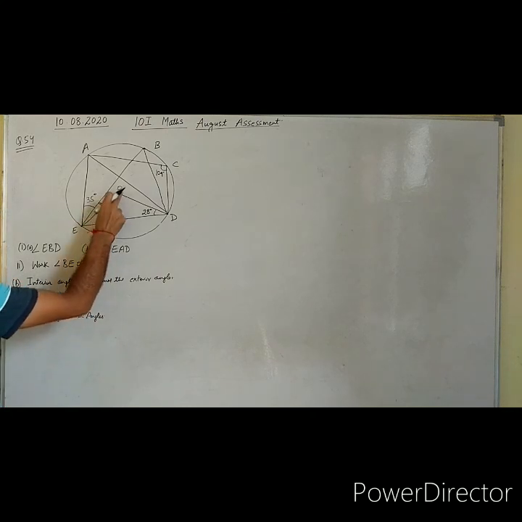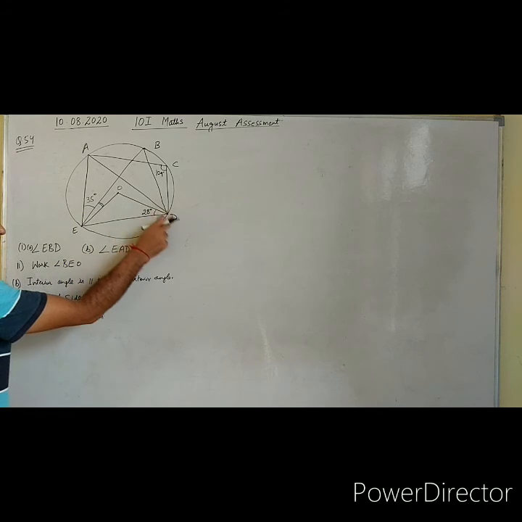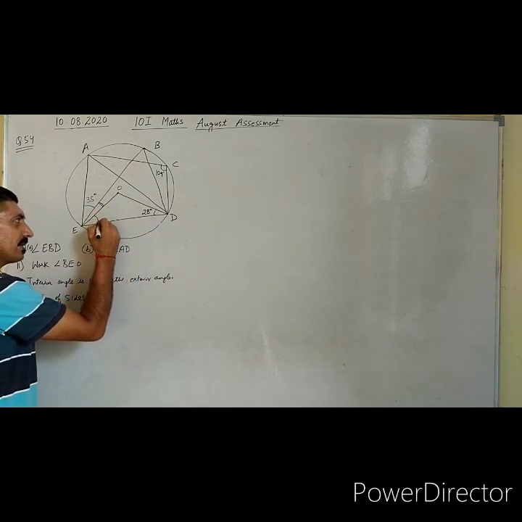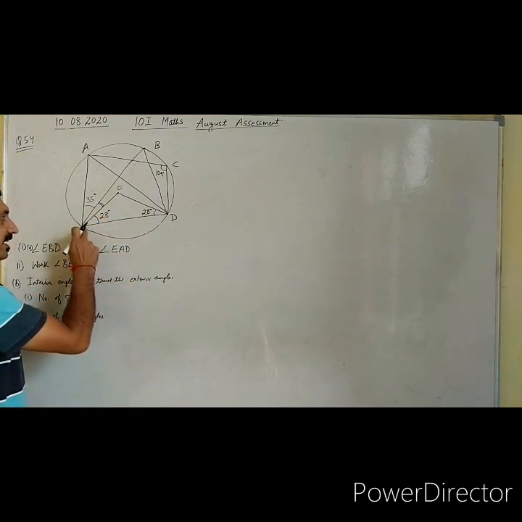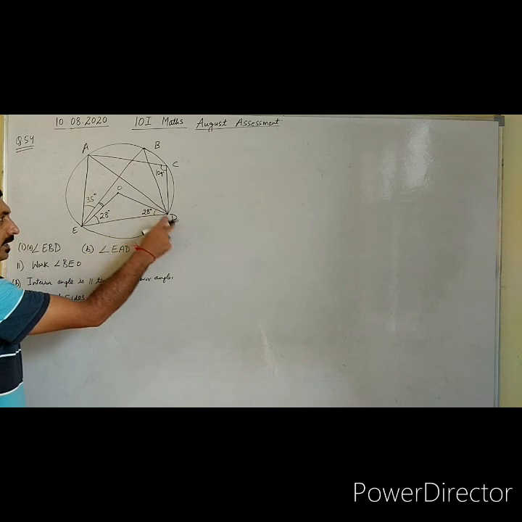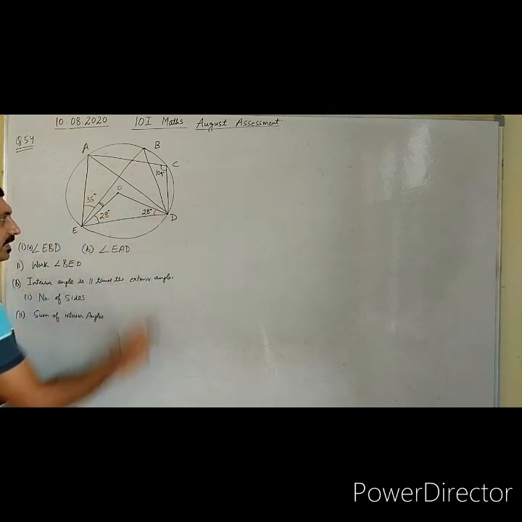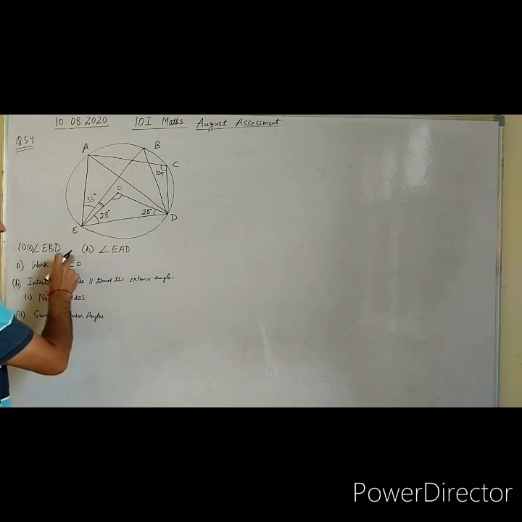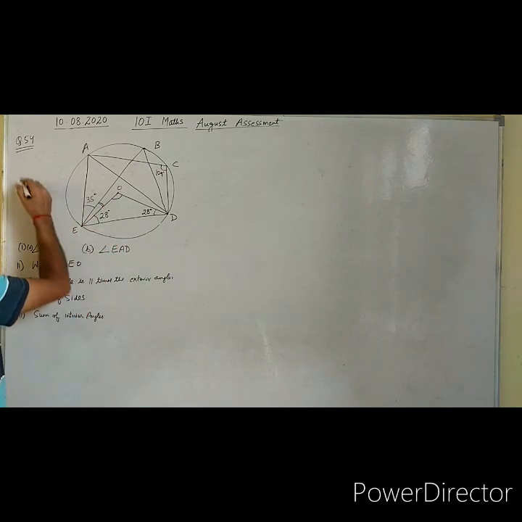Before that, OE and OD are radii, so it is an isosceles triangle and this angle will be 28 degrees. So in this triangle EOD, two angles are 28 and 28, so what is this angle? Because we want to find EBD, first we use the angle sum property: the sum of all three angles is always 180.